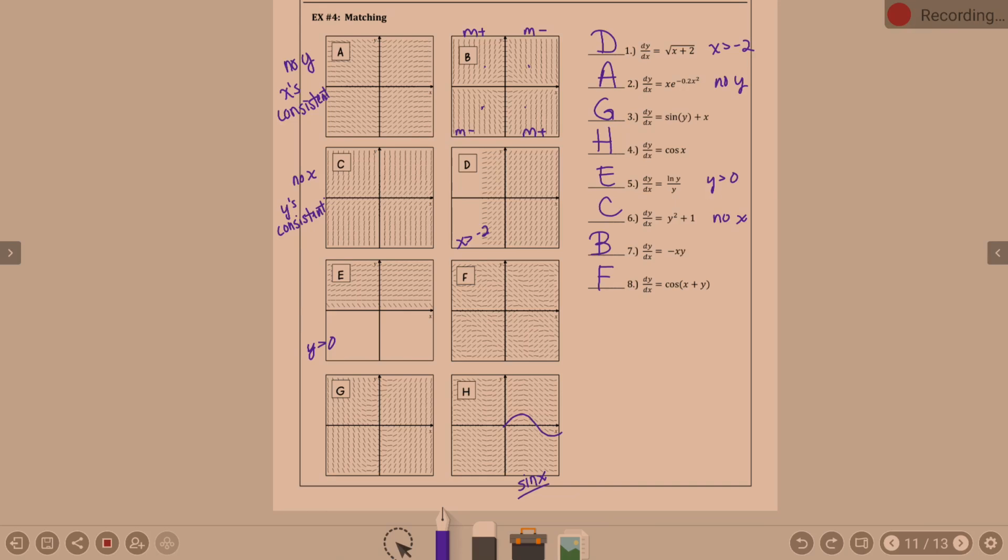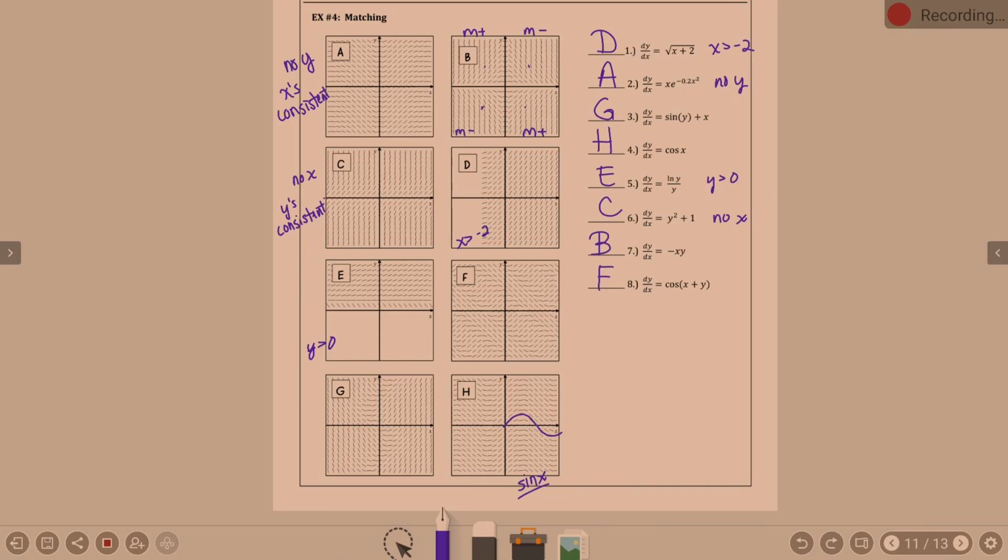Okay. 3 is G, because it looks like a cosine in the middle. You're seeing the curvy shape in the middle. I have written in mine on G, when y equals 0, the slope is x. I'm trying to understand my own note to myself here.